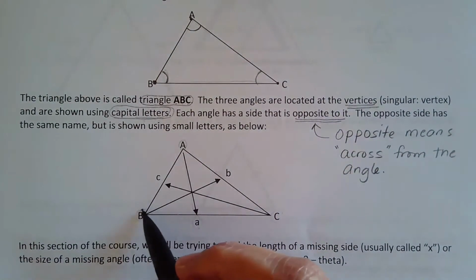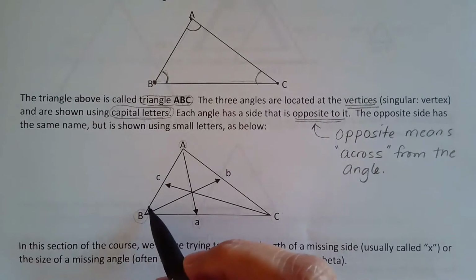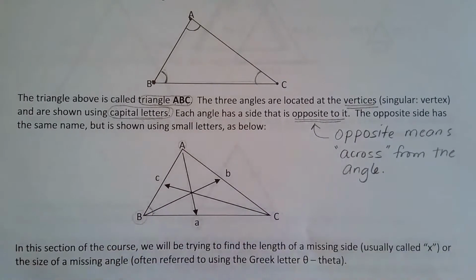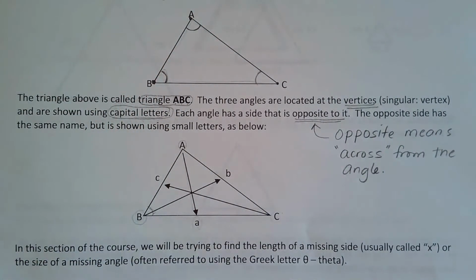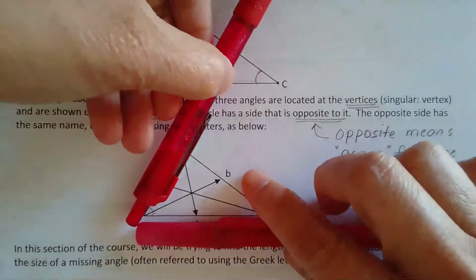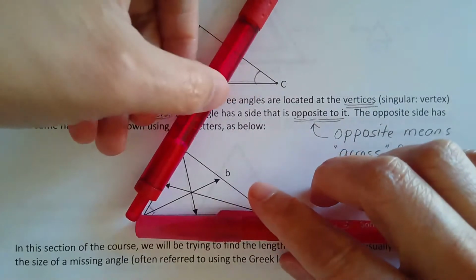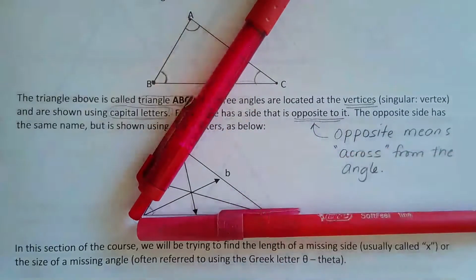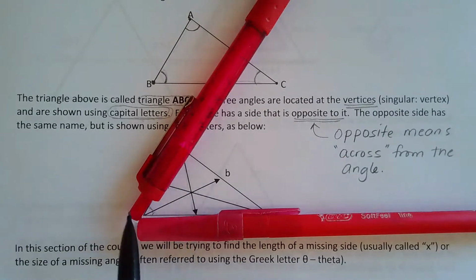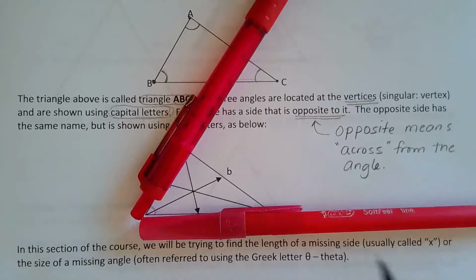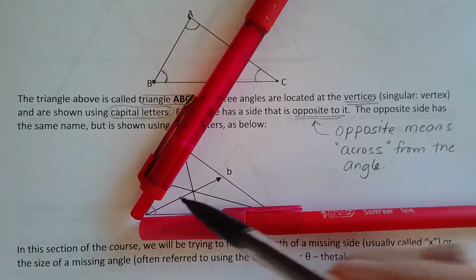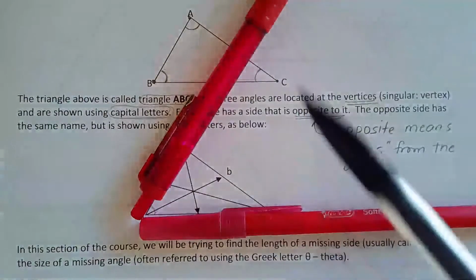Let's take a look at angle B. Angle B is opening up right here. This is our angle, where the opening, or the swinging from here to the next line, is.